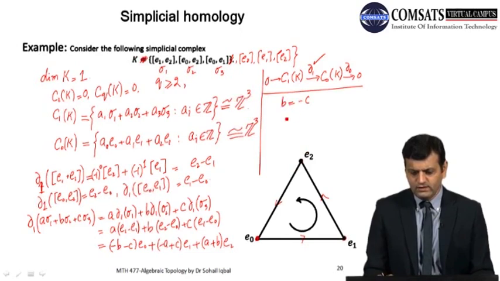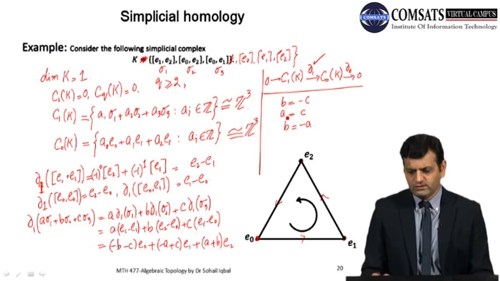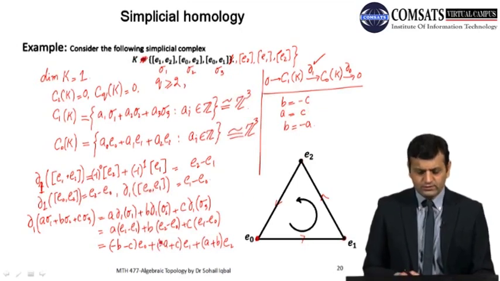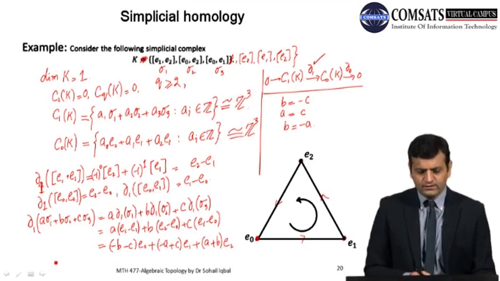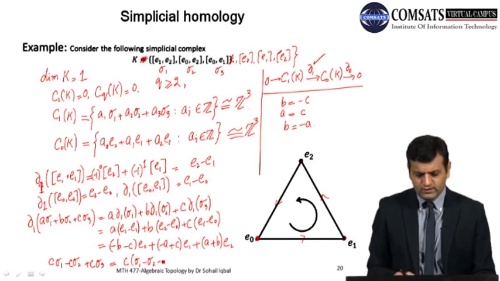B is equal to minus C, A is equal to C, B is equal to minus A. So basically each one can be written in terms of, for example, C. B is equal to minus C, A is equal to C, and of course C is equal to C. So the elements going to 0 are C sigma 1 minus C sigma 2 plus C sigma 3, which means sigma 1 minus sigma 2 plus sigma 3.